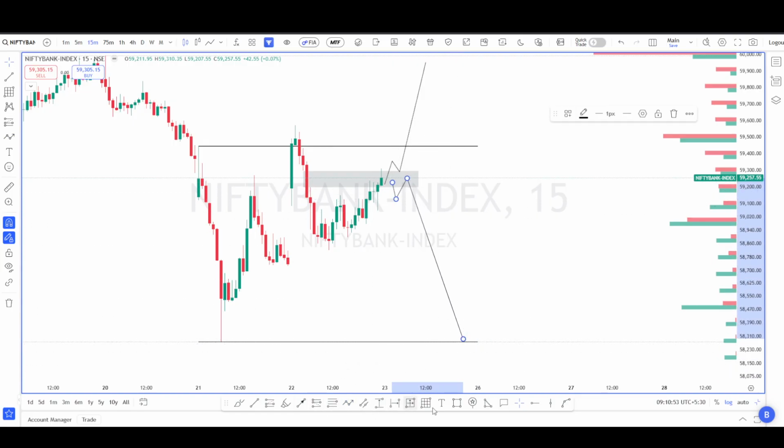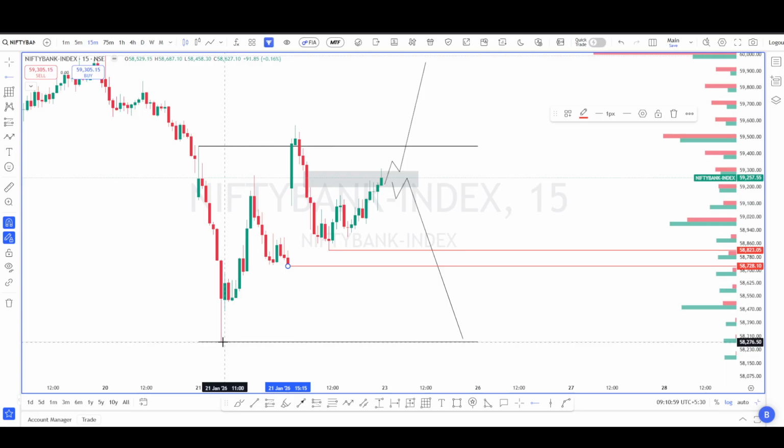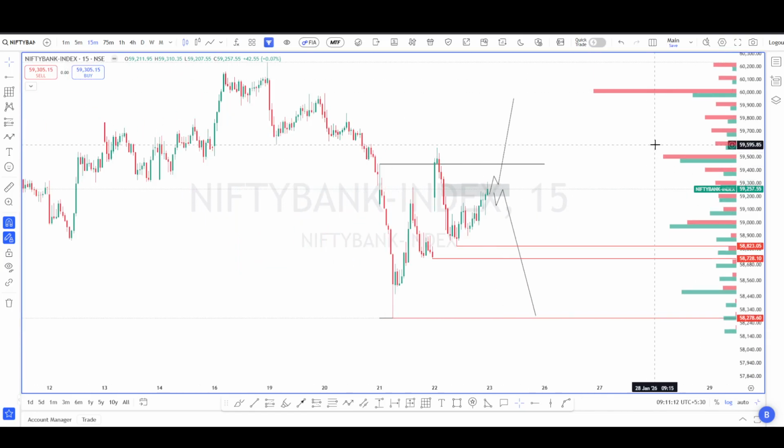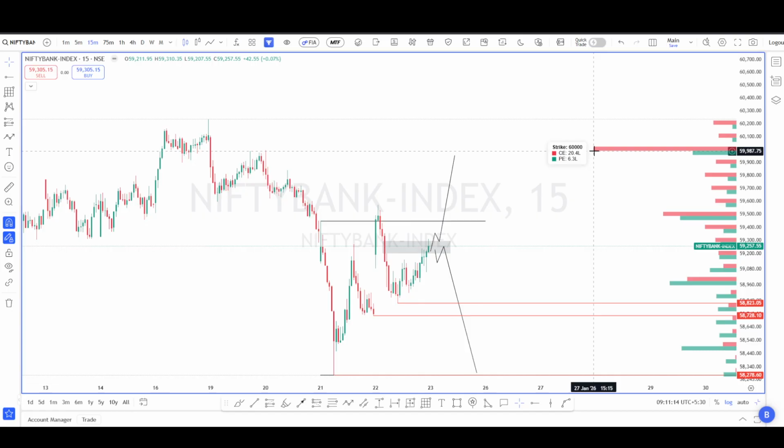As you can clearly see, we can see areas of liquidity over here, and the last one will be over here. That is 58,800, then 58,300, and upside we have 59,500, and the next will be 59,000, basically 60,000 levels.